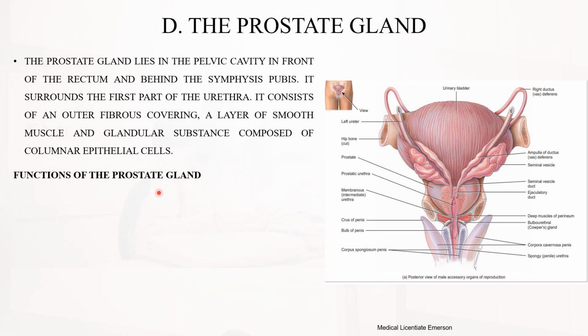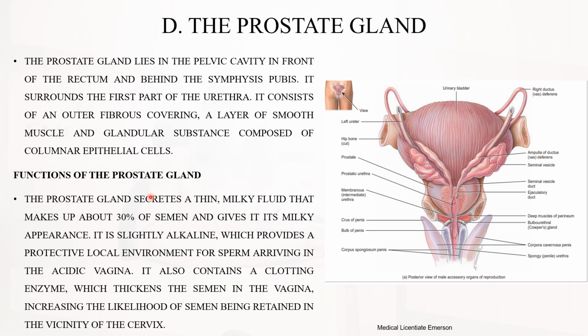So what are the functions of the prostate gland? The prostate gland secretes a thin, milky fluid that makes up 30% of semen and gives it its milky appearance. Remember we said the seminal vesicles produce 60% of the fluid.